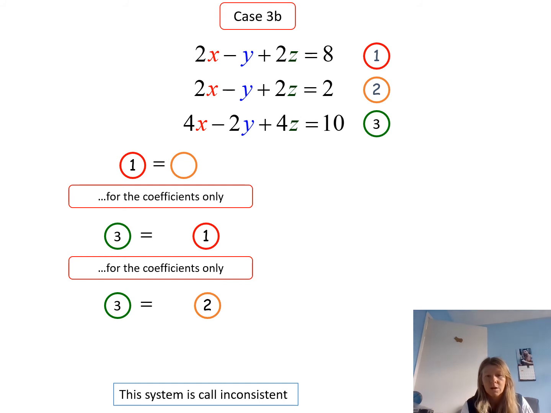And row 3 is just 2 lots of row 1, and you could say 2 lots of row 2, because they were the same thing. These would lead to inconsistency. If you put them all in your equations mode, it would come up with inconsistent.